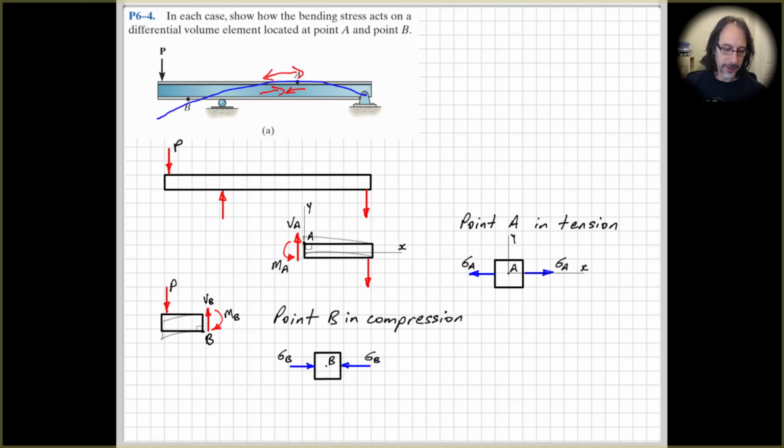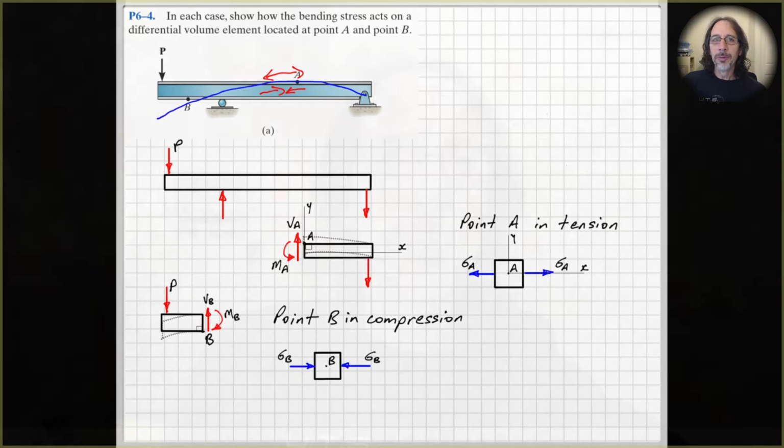So point B is this little square here. I can also put on X and Y axes like I did here to make it more clear exactly what the direction of this stress is. All right, so that's the end of that problem.